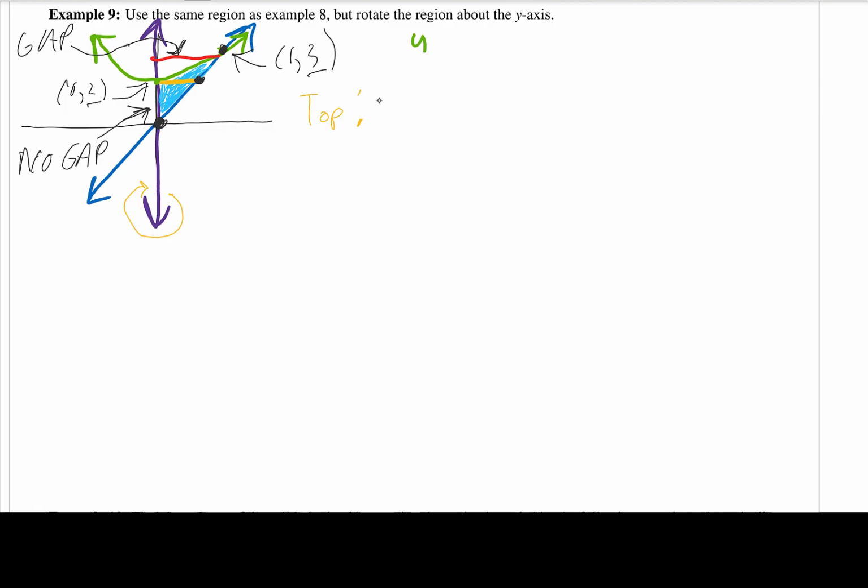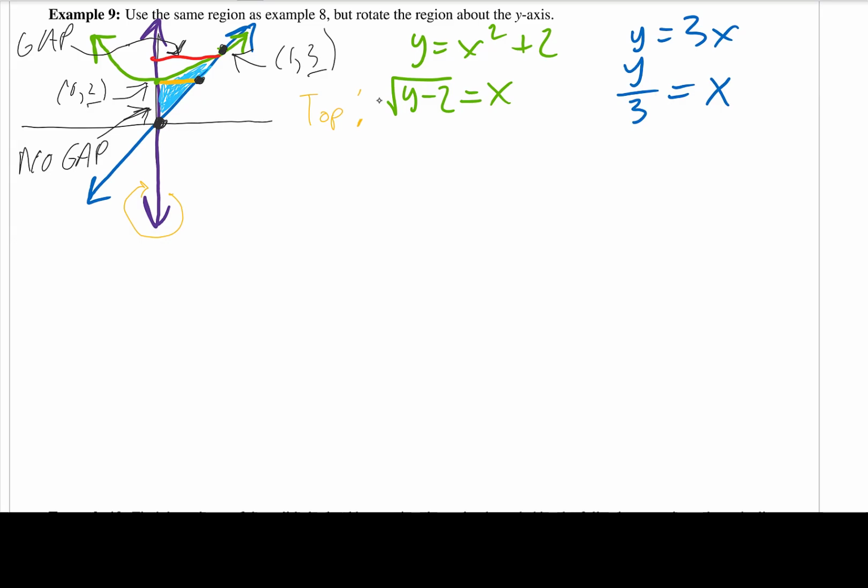Particularly, we were given Y equals X squared plus 2, and we were also given Y equals 3X. Well, we'll get X alone in both of these. So I'm going to subtract 2 and then take a square root of both sides. And then over here, I'll just divide by 3 on both sides. And so now I've got everything in terms of X equals, nothing but Y's and constants.